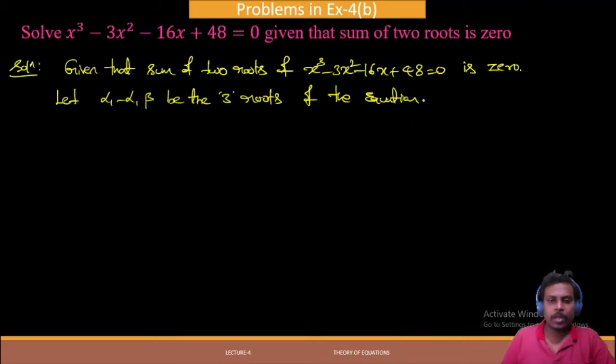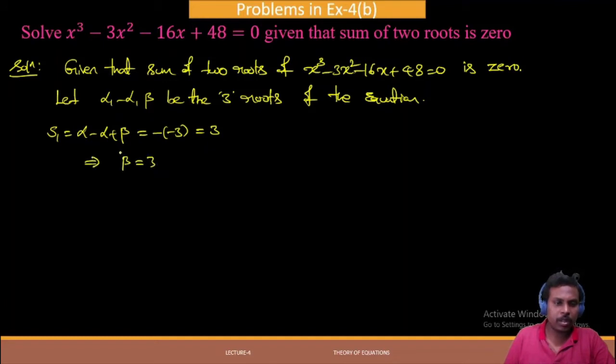Now consider S1. S1 is equal to what? Sum of the three roots. Sum of the three roots is equal to what? Alpha minus alpha plus beta. That is equal to what? Minus of minus 3. So that is equal to 3. Implies beta is equal to 3.